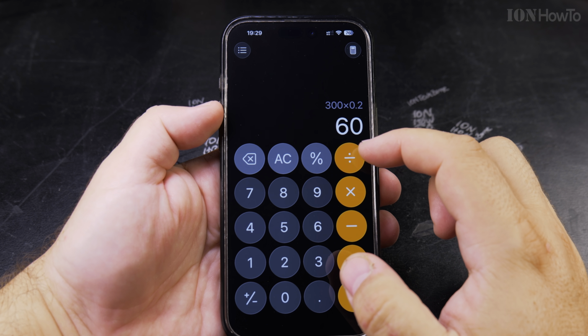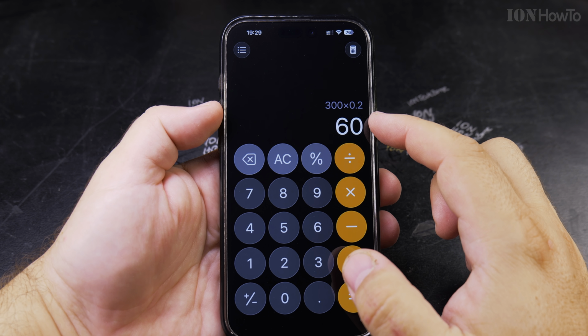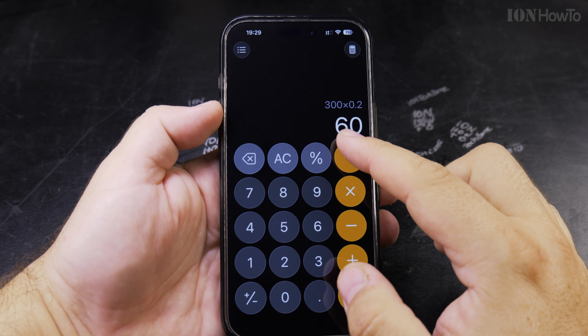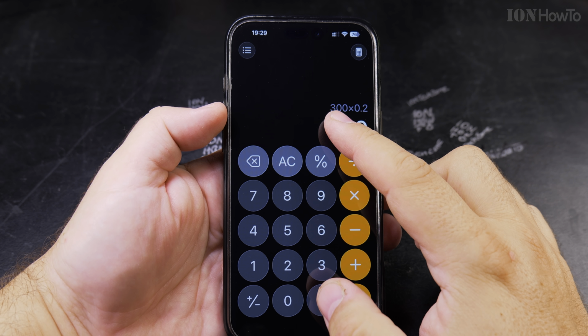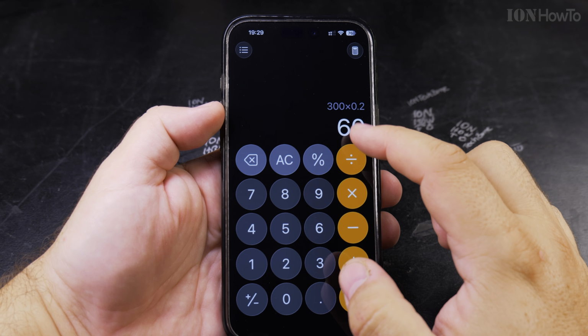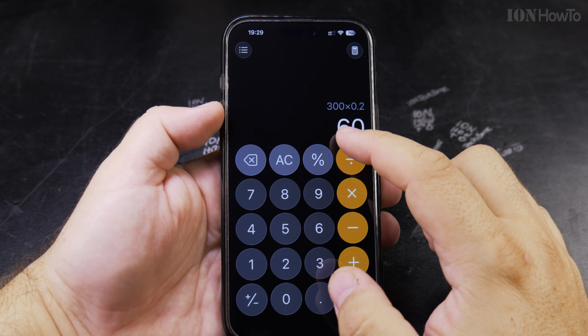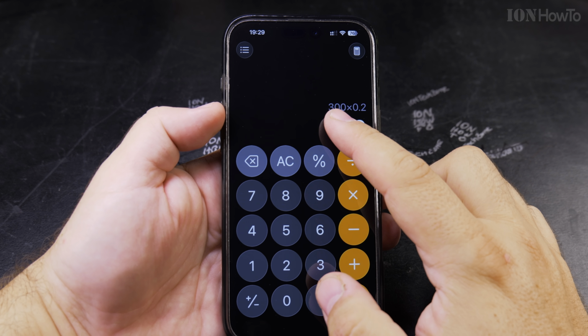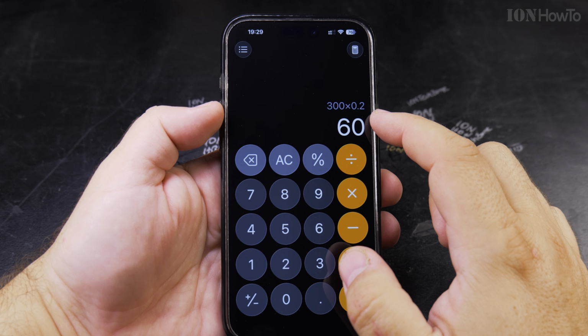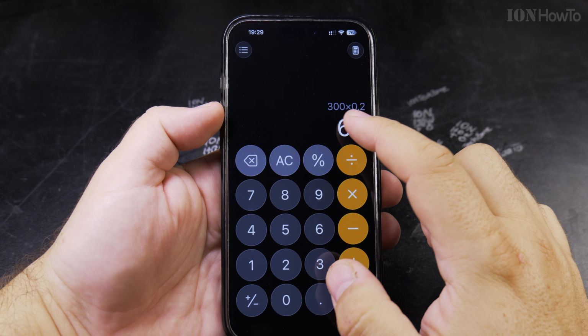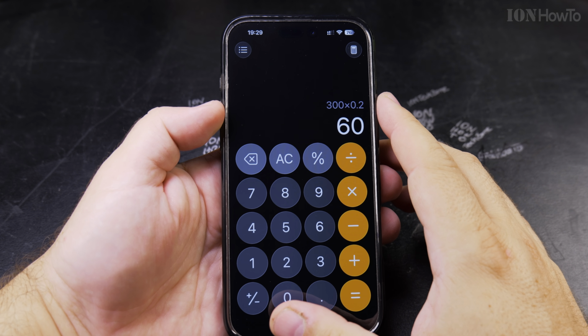This 60, I can subtract from 300 to get minus 20%, or add it to 300 to get plus 20%.